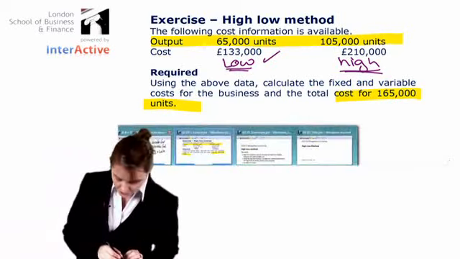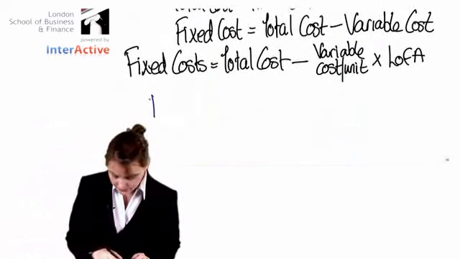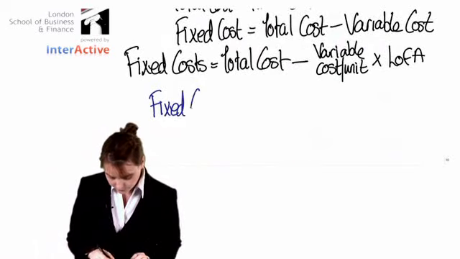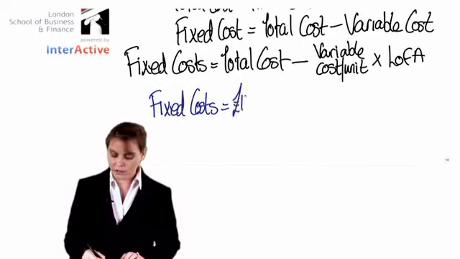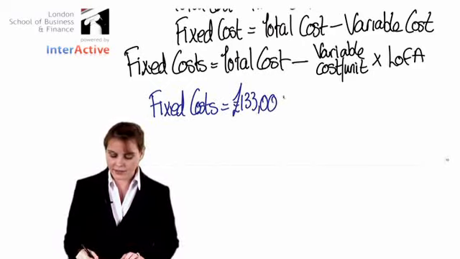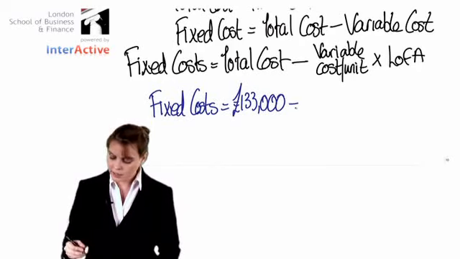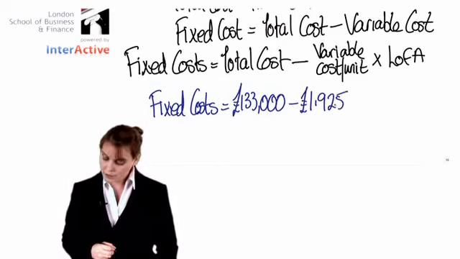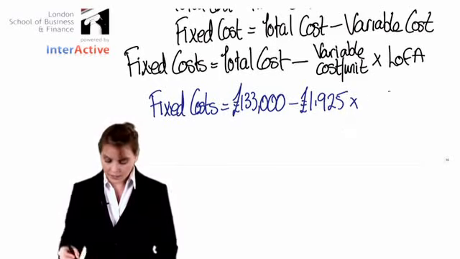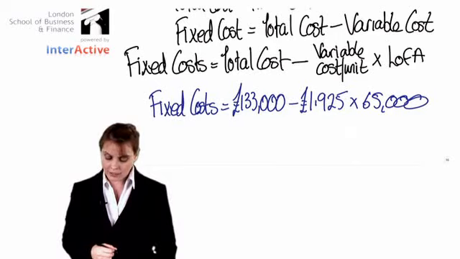So, putting that information in then, we can calculate that fixed costs will be equal to total costs, which are 133,000 at the low level of activity, minus our variable cost per unit, which we now know is 1.925, multiplied by our level of activity, 65,000 at the low level.